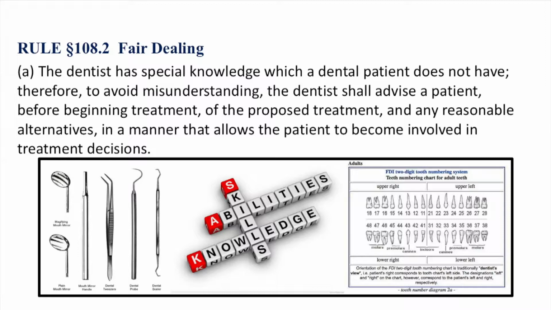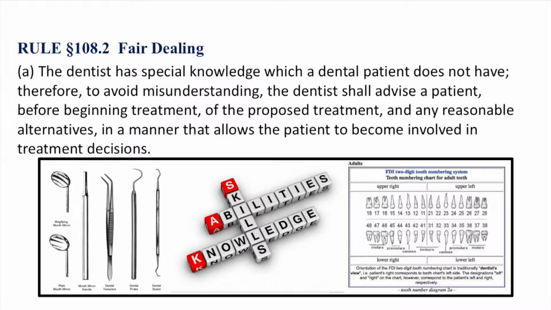This advice to a patient cannot be given concurrently with treatment, nor can it be given after treatment, but specifically it states that a Texas dentist shall advise a patient before beginning treatment of the proposed treatment and any reasonable alternatives in a manner that allows the patient to become involved in treatment decisions.